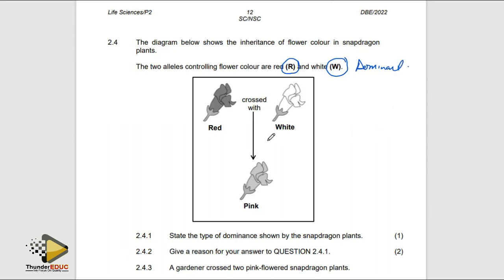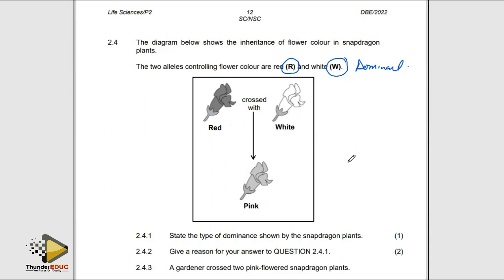So if both of them are dominant, here it's showing us a dominant red crossing with white, and it gives you pink. When you have red and white, we produce pink. So pink is neither red nor white, but is an intermediate between the two.